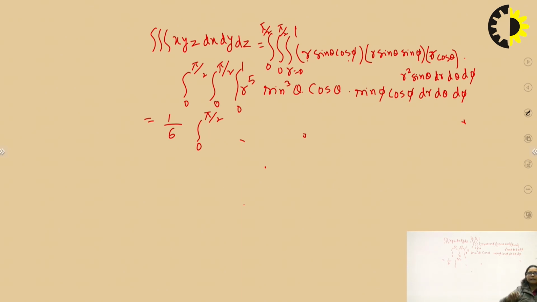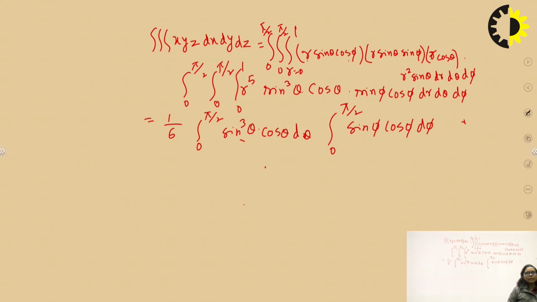What are the theta functions? It's sin cube theta and the second function is cos theta d theta. And the next integral I am writing for the functions of phi, 0 to pi by 2, we have sin phi and cos phi d phi.